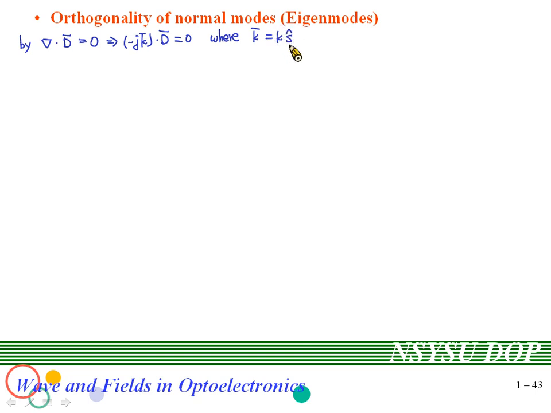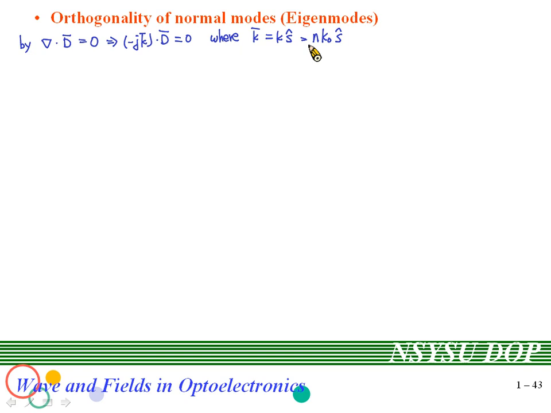S hat here stands for the unit vector along the k direction. Besides, the amplitude k can also be expressed as n times k0, where n is the effective material index experienced by the EM plane wave.